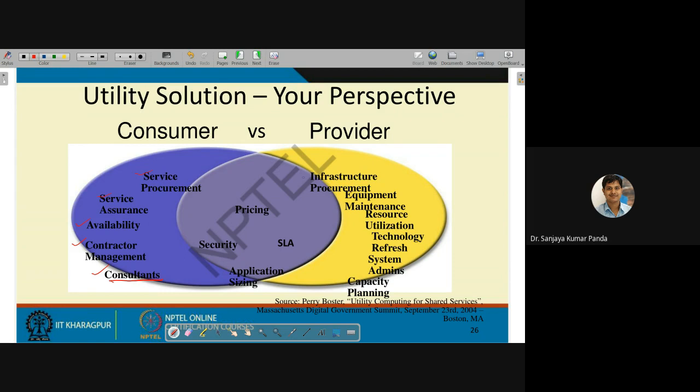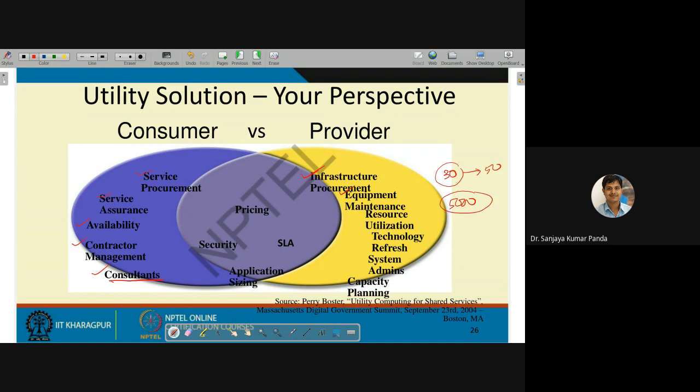Similarly, infrastructure procurement. I need more infrastructure. Today I have 30 servers. I have seen enormous requests are coming. I want to increase the 30 servers to 50 servers. So it is the provider's responsibility to increase the infrastructure. Equipment maintenance. Suppose 30 servers are provided to a particular customer. In total you have, let's say, 5,000 servers. So who is going to manage these 5,000 servers?